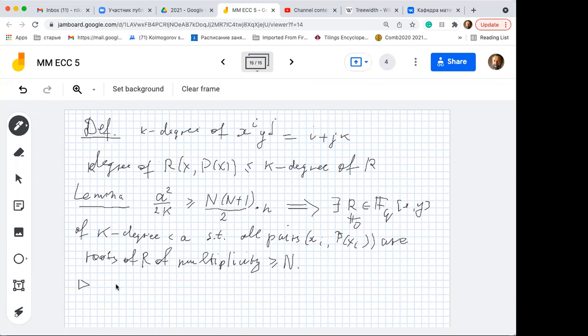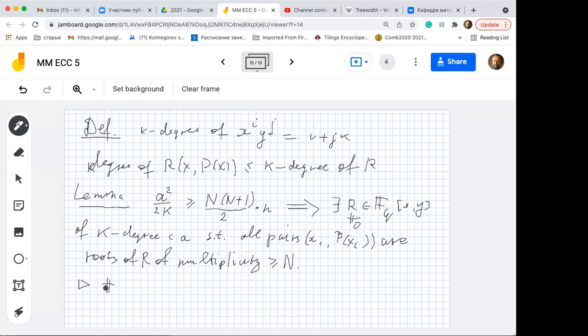The unknowns of R are in one-to-one correspondence with the monomials allowed in R, and for R we have the requirement that its k-degree is less than A.